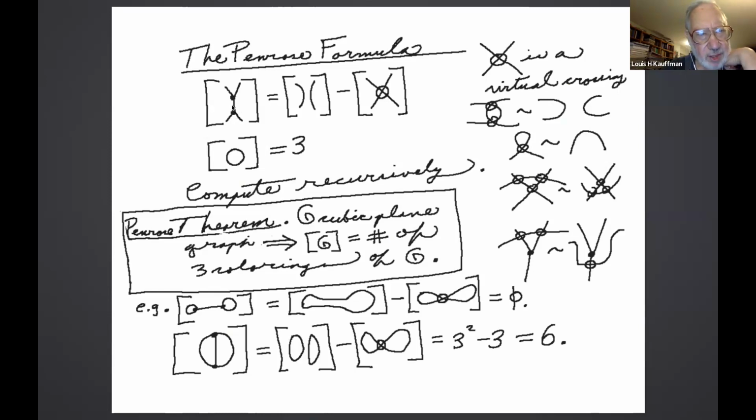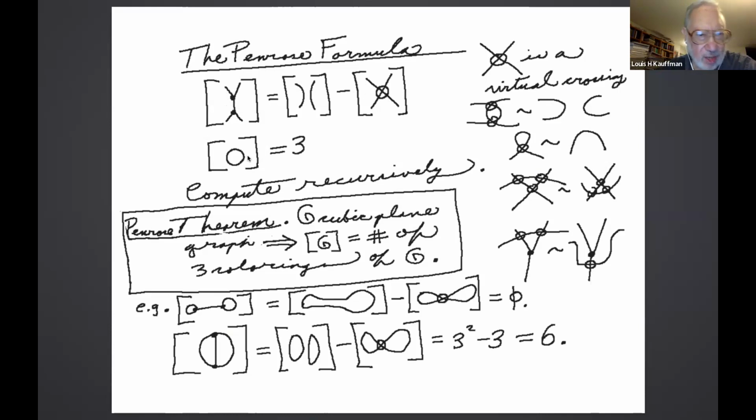If you have an edge in the graph, then you will expand it, and you expand it by taking two vertices of the graph and removing one edge, and then connecting in such a way that you don't cross, minus the result of crossing. And I use a virtual crossing designation for the crossing here because it's useful to do that later on. And the value of a loop is 3.